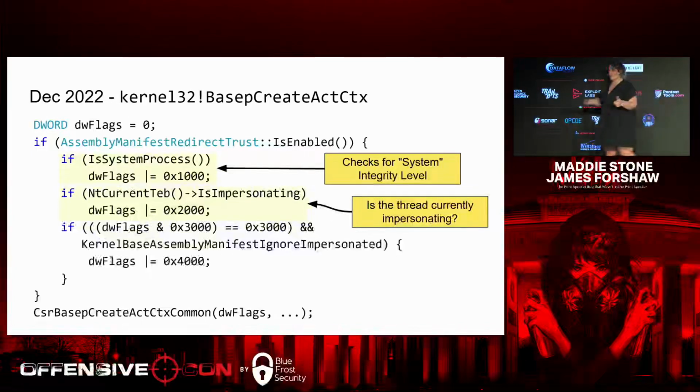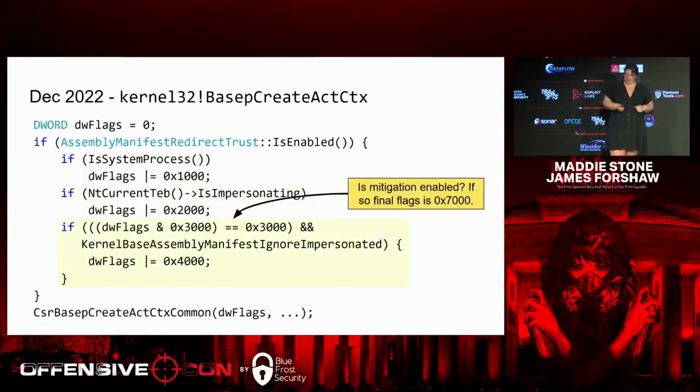So this is important to remember because there's lots of other processes within Windows which could be interesting targets which aren't in fact running at the system integrity level. And the second one was when this is called base p create activation context within kernel 32, it has to be impersonating at that time.